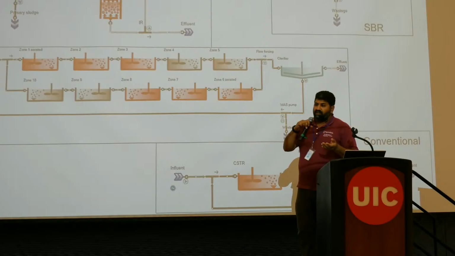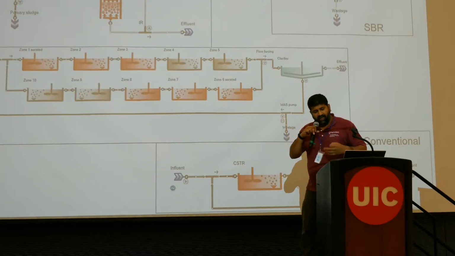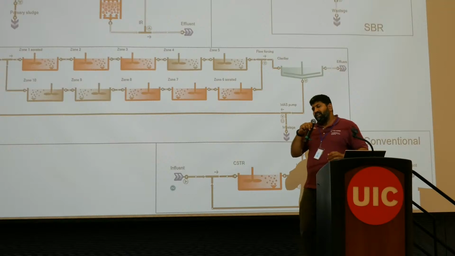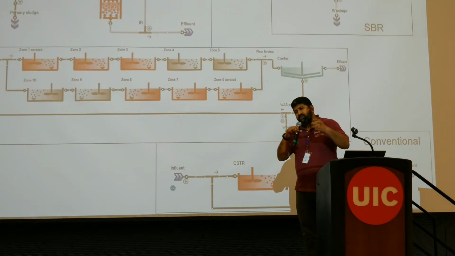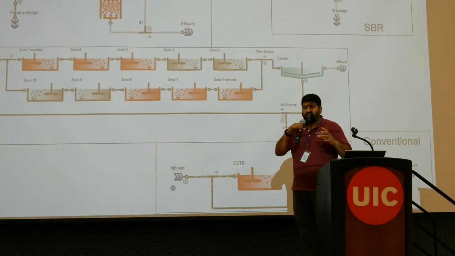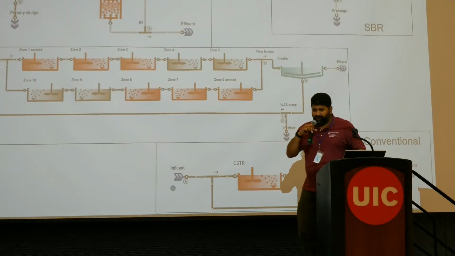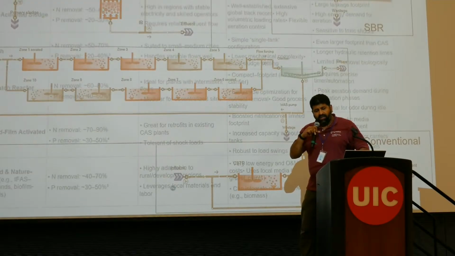Likewise, trickling filter is another example. I think one of the previous speakers talked about trickling filter benefits through attachment processes. And sequencing batch is another process where within one basin you are trying to get most of the action done.